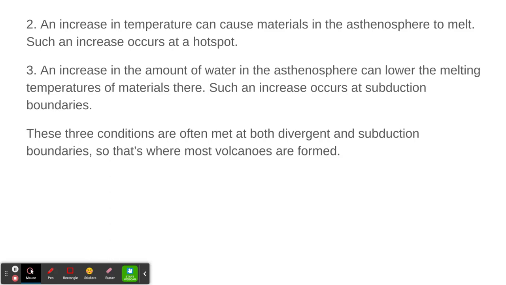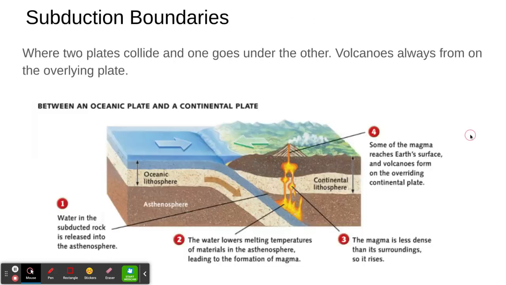This can happen at areas like subduction zones. We'll see some diagrams to help us explain this later. So, these three conditions, decreasing pressure, increasing temperature, and increase in the amount of water, can happen at plate boundaries. As a result, that's where most volcanoes are formed.